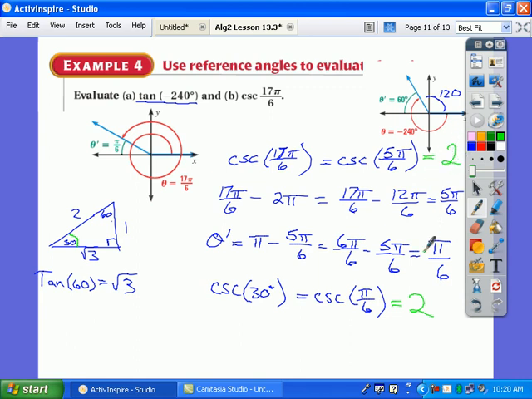However, one last thing, we need to check the sign. What quadrant are we in? Our angle is in the second quadrant. So we want to see if cosecant is positive or negative in the second quadrant. I see that cosecant is positive. So whatever this number is, it should be positive, and it is.